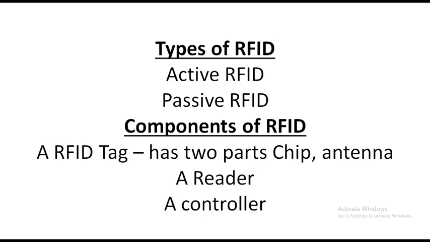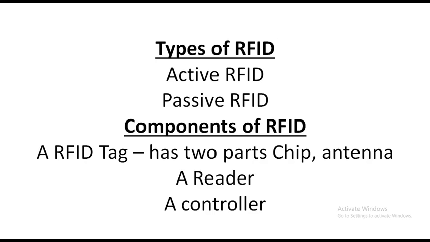And the next one is the controller. A computer can be used as a controller with a microprocessor, which receives the reader input and processes the data. Here a reader can be used as a scanner, with antennas. That antenna is used to transmit and receive the signal.